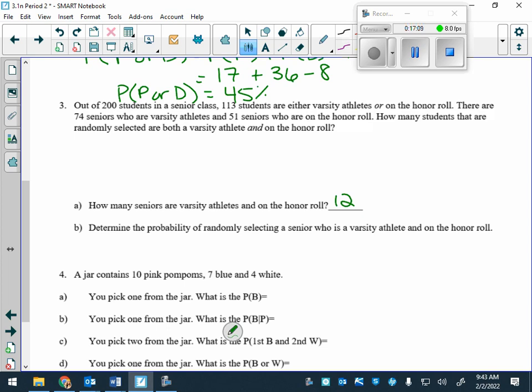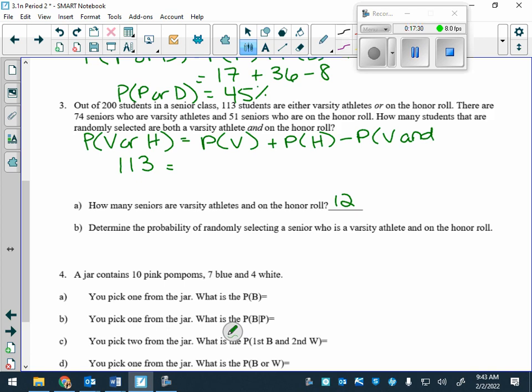Okay. So, out of 200 students in the senior class, 113 are either varsity athletes or on the honor roll. So we know varsity athletes plus honor roll minus varsity athletes and honor roll.